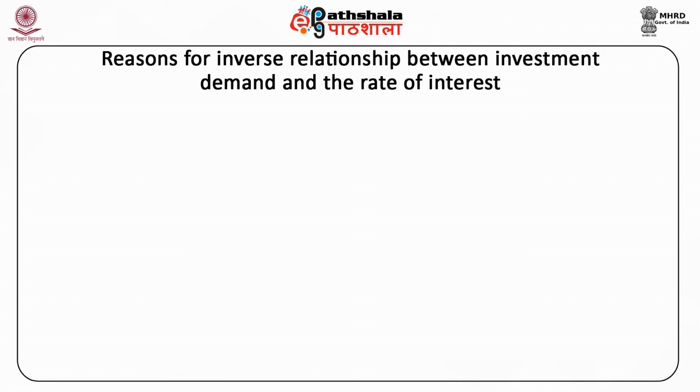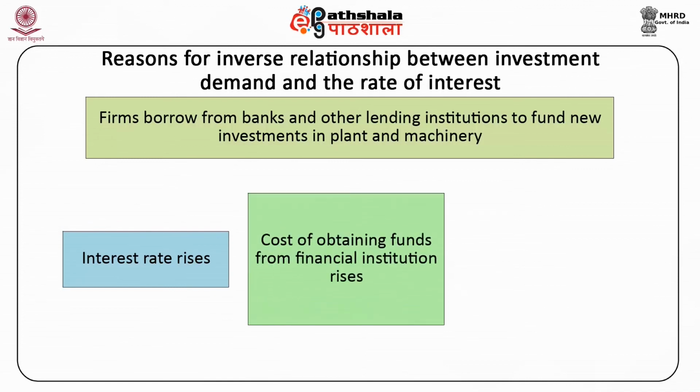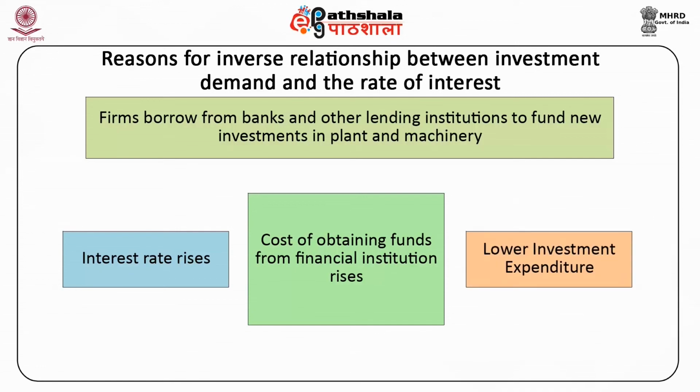of interest. Often, firms borrow from banks and other lending institutions to fund new investments in plant and machinery. As interest rates increase, the cost of obtaining funds from financial institutions rises, resulting in lower investment expenditure.